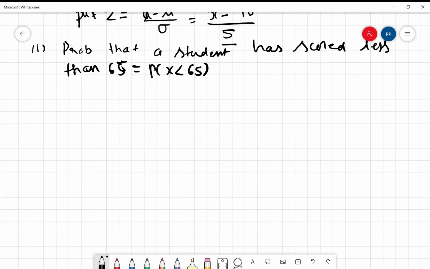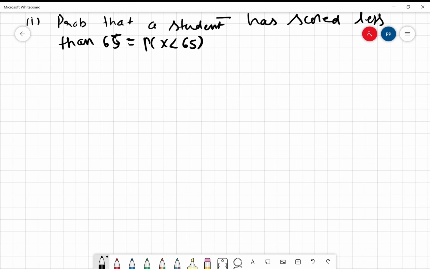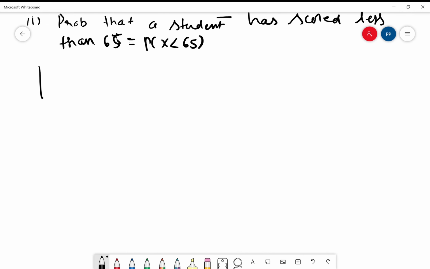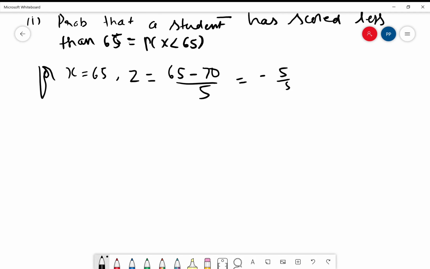Here x is 65. We have to find out z. For x equals 65, what is z? 65 minus 70 by 5, that is minus 5 by 5, which is minus 1.